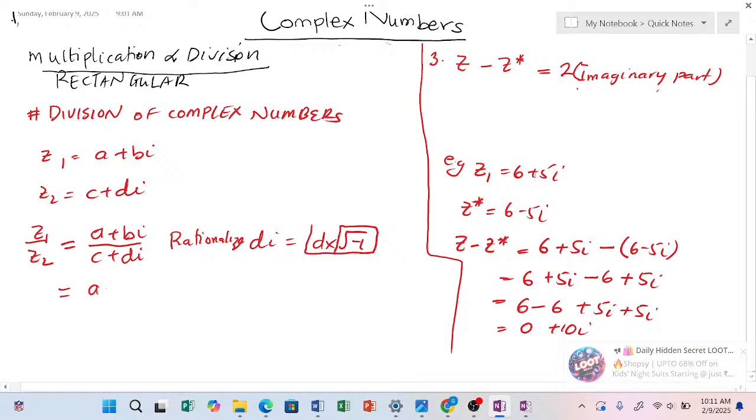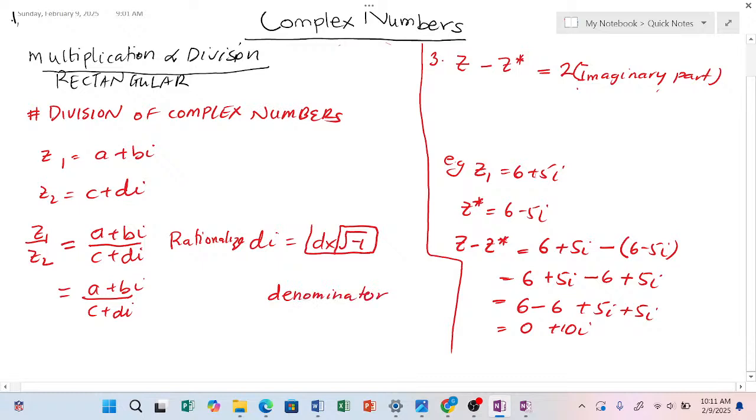So in doing so, we have a plus bi over c plus di. Now in rationalizing the denominator, you take the denominator that you have and look for the conjugate. So this is our denominator. The conjugate of it is c minus, not plus, c minus di.